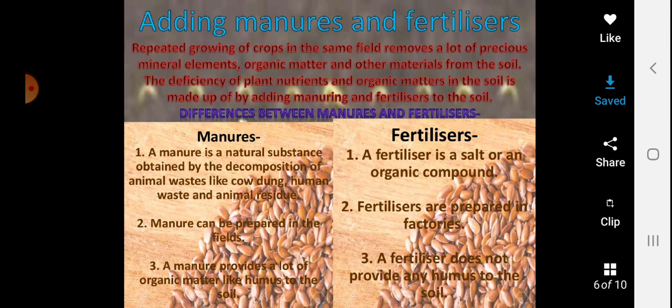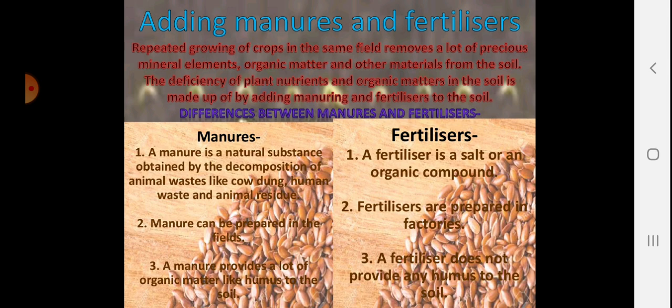So you can say that fertilizer and manure each have their own advantages as well as disadvantages. If I ask you one disadvantage of manure, it could be that manure is not nutrient specific. Sometimes if your soil is deficient only in potassium, manure cannot ensure that it will give potassium, whereas you can add a fertilizer which is potassium specific.